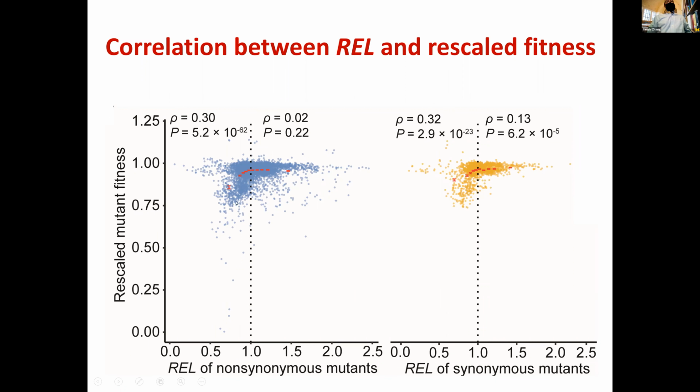When it's below the wild type, there is a positive correlation: when you reduce the expression level, fitness is reduced. Above the wild type, there is very little correlation. When you increase expression level above the wild type, there seems to be very little fitness effect. It's flat. And the same pattern is shown for synonymous mutations.